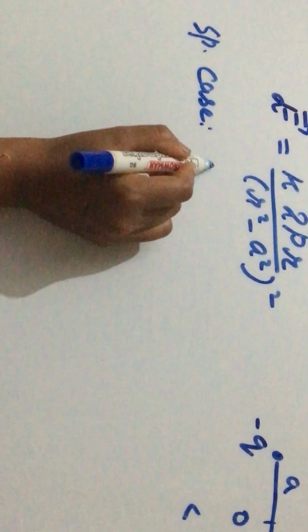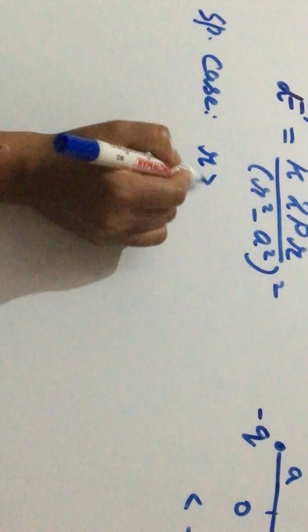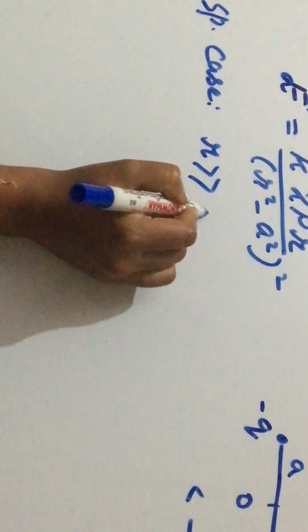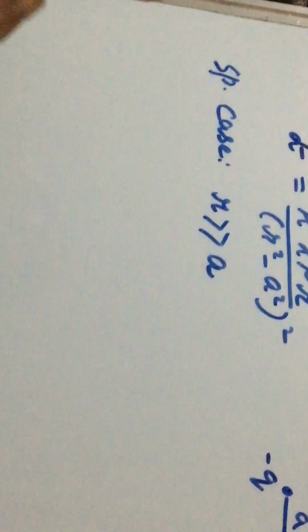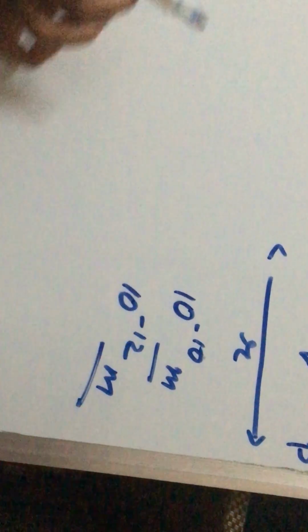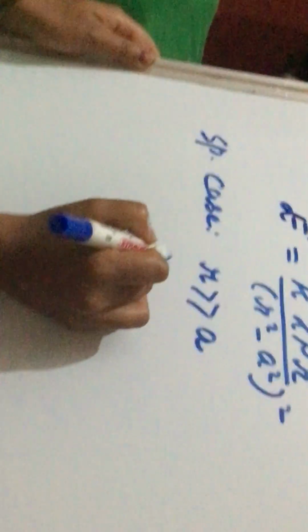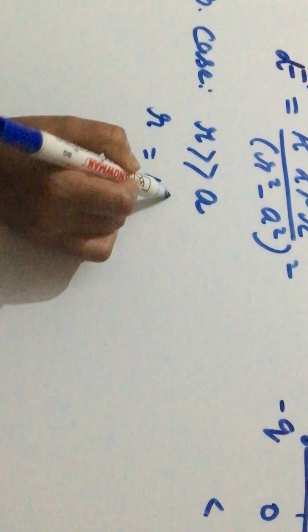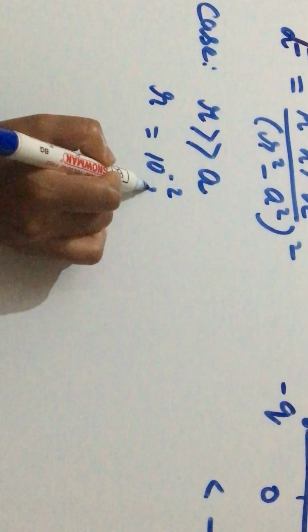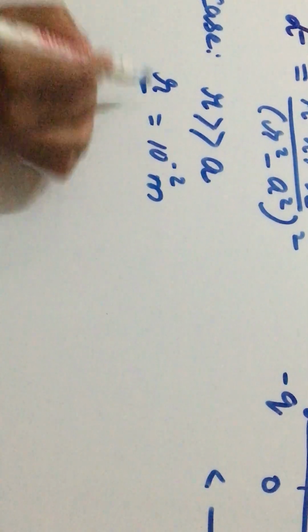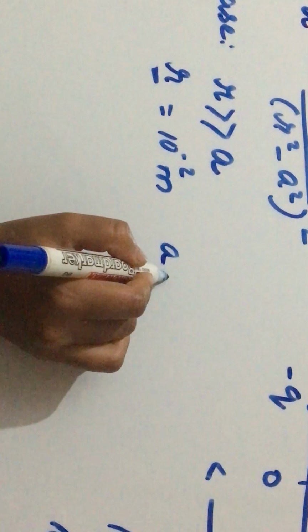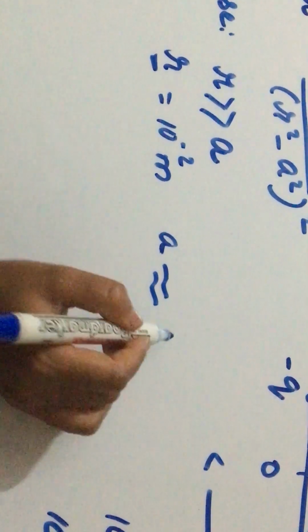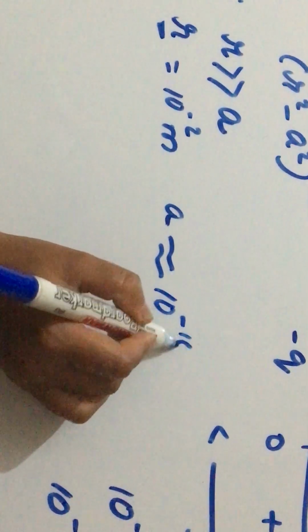Like if the distance r is quite far compared to the length of one of the charges from the origin. Say, if r is of the order of 10 to the power minus 2 meter, that is 1 centimeter, and if a is of the order of, say, I'm just taking 10 to the power minus 10 meter.